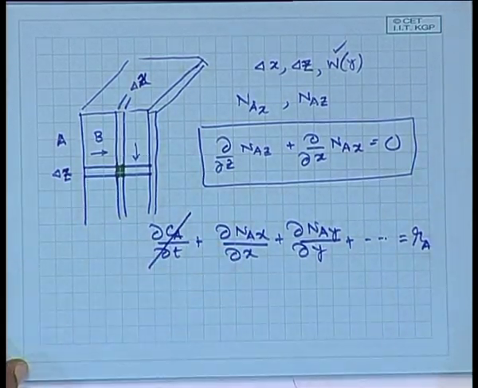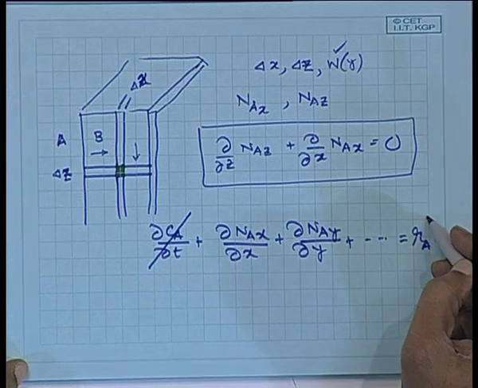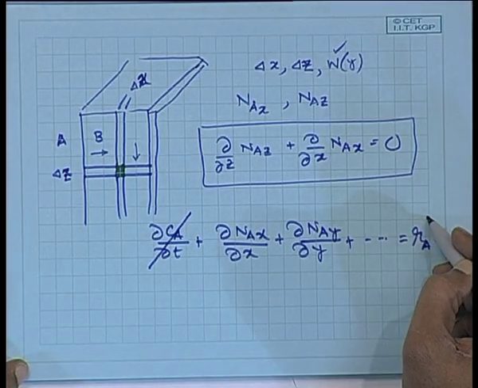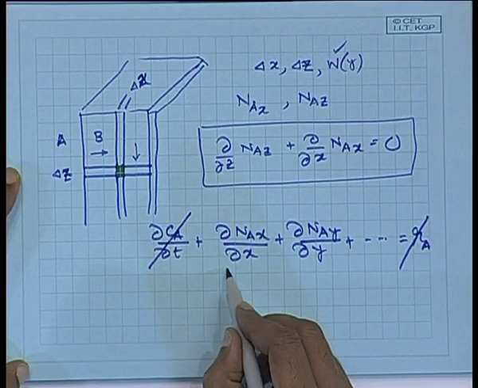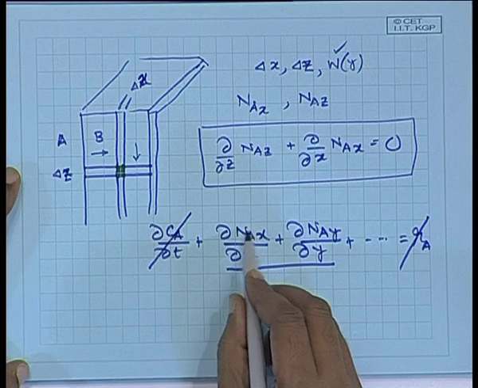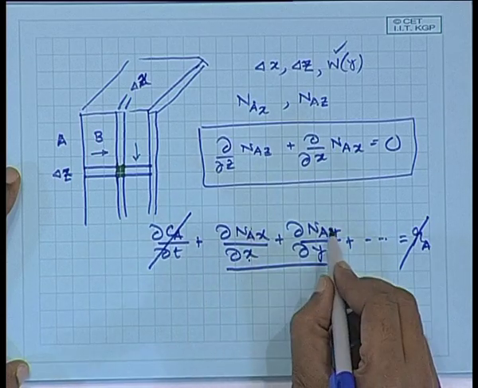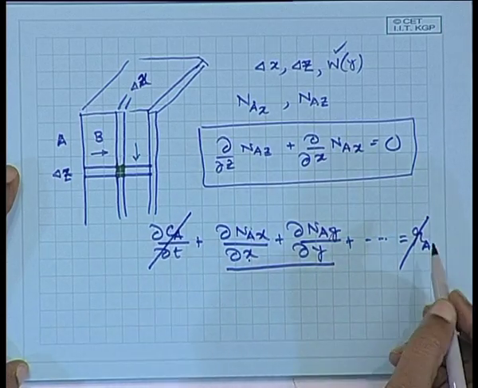Steady state, first term 0, no reaction, no consumption of A, no conversion of A into anything else. So, this is going to be 0. So, what you will be left with is del Nax del x and del Naz del z equal to 0.